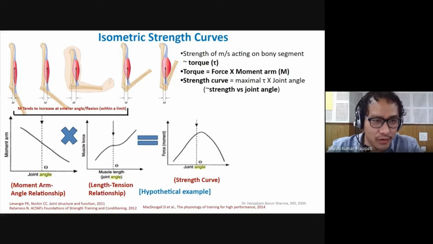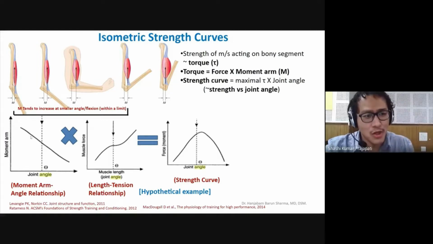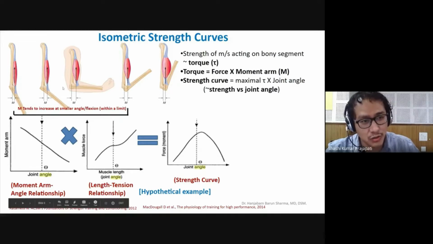Then if we keep on extending, the moment arm decreases. We are not considering this part because this is just a hypothetical example. So during flexion the moment arm increases, whereas it decreases as we increase the joint angle, that is during the extension.